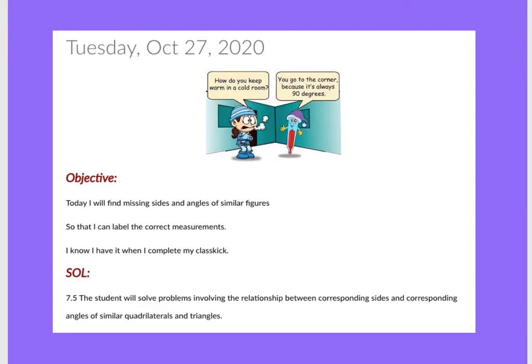The angles of similar figures are congruent, and the side lengths are... it starts with a P. Proportional. Okay. So the side lengths are proportional and the angles are congruent or equal.